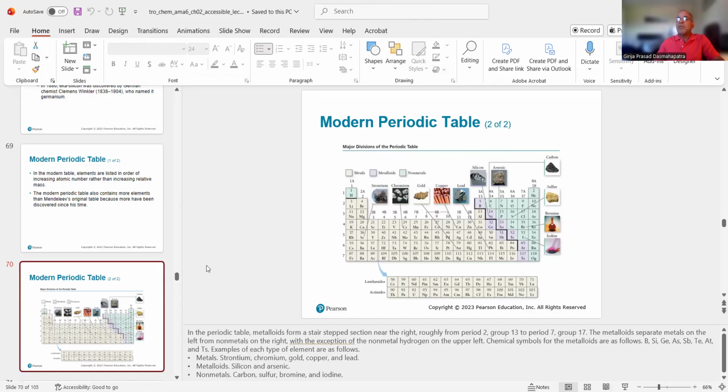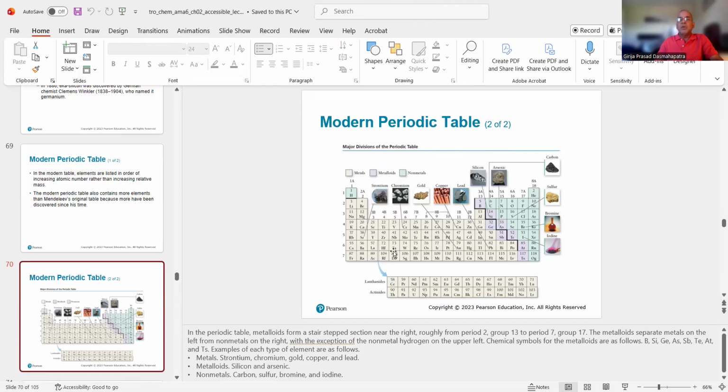In the modern long-form periodic table, elements are arranged in groups and periods in terms of increasing atomic number. While Mendeleev created his periodic table based on atomic mass or atomic weight, the long-form periodic table is created based on increasing atomic number. That makes all the difference.